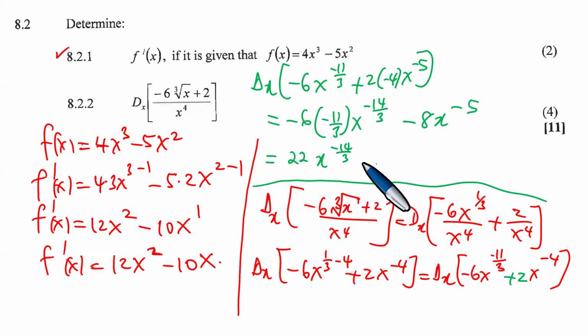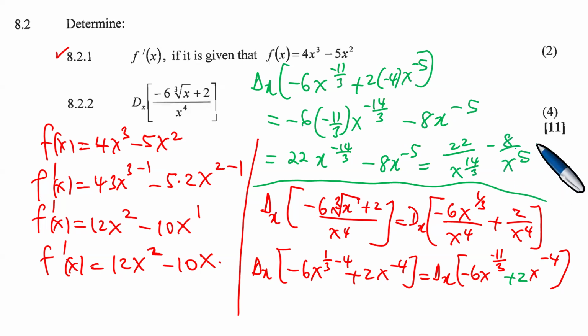Okay, so this becomes the answer, minus 8x to the minus 5, minus 22 divided by x to 4/3, which is minus 8x to the 5th power. Okay, so this is the answer.